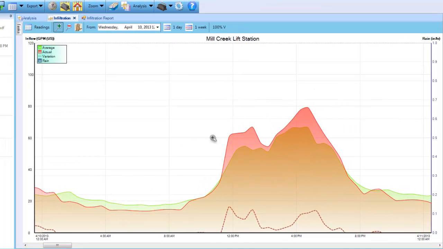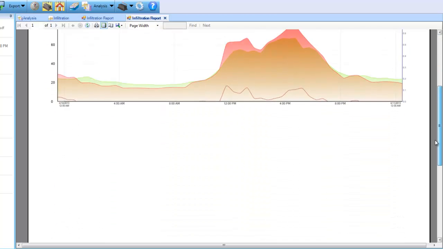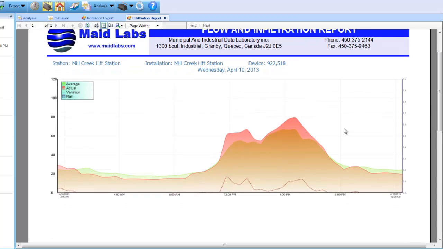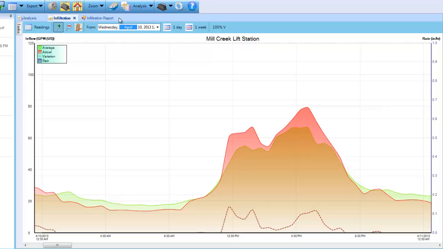Now we see without the pump cycles, and we can go ahead and do the same thing we did before. On this report, I'm just going to do a standard report, which is the graphical report. And this is your graphical report done in a landscape mode. Well, it's actually not in a landscape mode, but this is the report. So there's several different options here to view the data and to provide reports on the data.